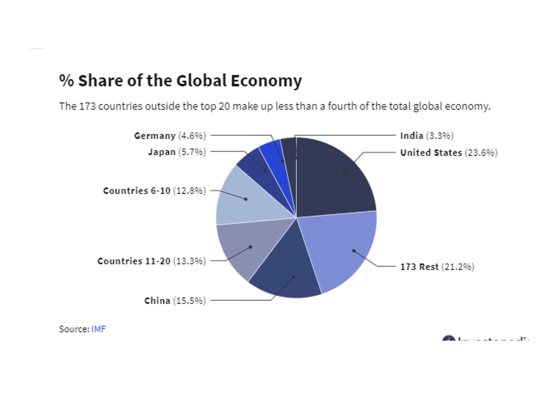This is the total GDP for the world, and we break it down per country. So the United States produces just under 24% of the global economic output. Right here it says 23.6%. China produces about 15.5%. So if you take 25 and 15, the United States and China is roughly 40% of the world's output.